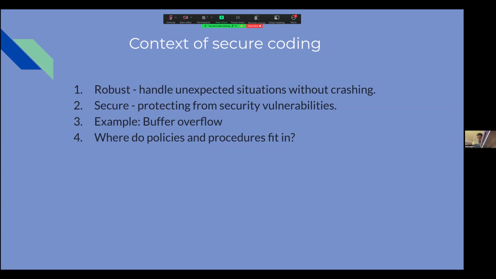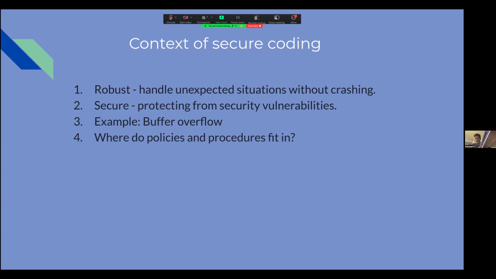What happens if there is a file upload functionality, and the file is like 1 terabyte or something? The system's reaction to it is generally considered as robustness, or how the system reacts to those kinds of situations.